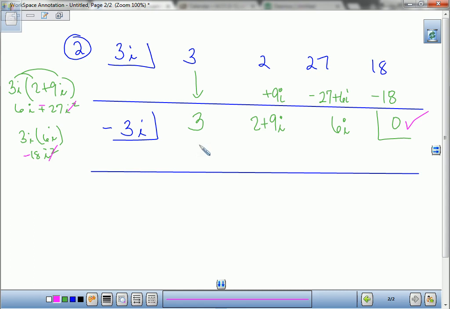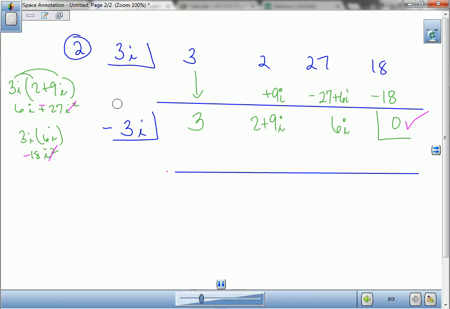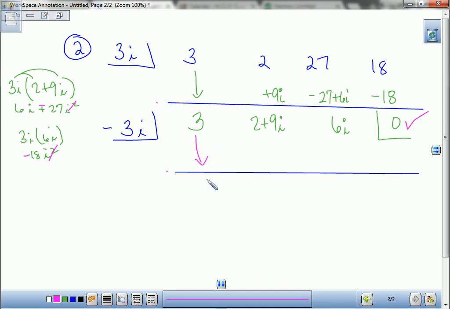Okay, so now we do the same thing, except this time we're using the negative. So we bring down the first one. This is where things clean up nicely. Then we multiply.